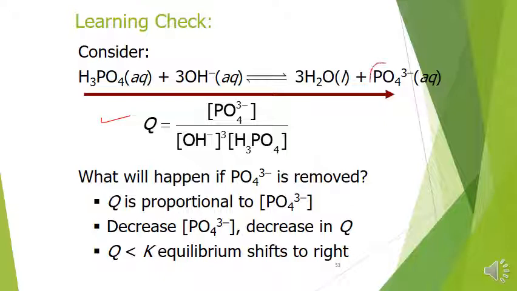So if you take this away, you're going to have less of this guy up here. So the reaction is going to go to the right. In this case, Q is going to decrease, because there's less product. And so the reaction is going to shift to the right.